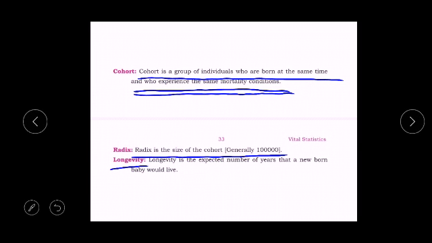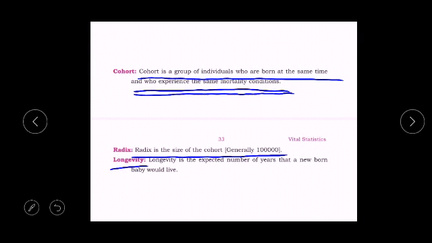Longevity, the name itself indicates long. Longevity is the expected number of years that a newborn baby would live. Here longevity means up to what age a newly born baby will survive or live. The life table tells us this.